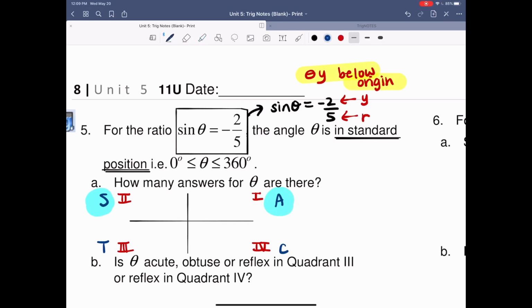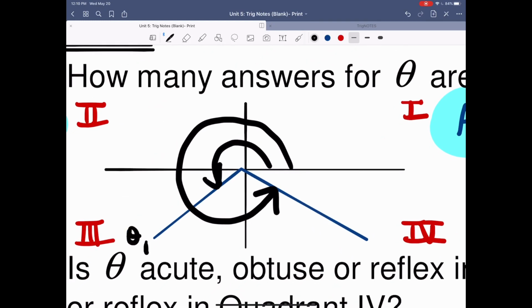Because we're dealing with a negative value for the primary trig ratio, I'm going to draw two terminal arms here because there's going to be two angles where this is true. Here to here, and another arm that goes all the way around. In the next few questions, we'll deal with how we actually find the value. And so we have theta 1 and theta 2.